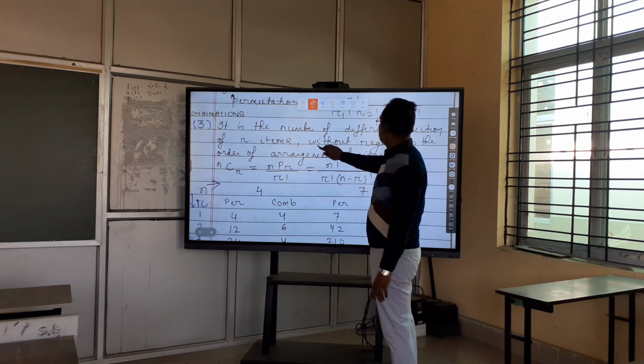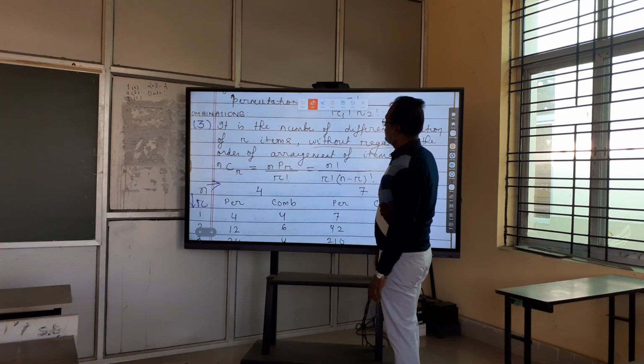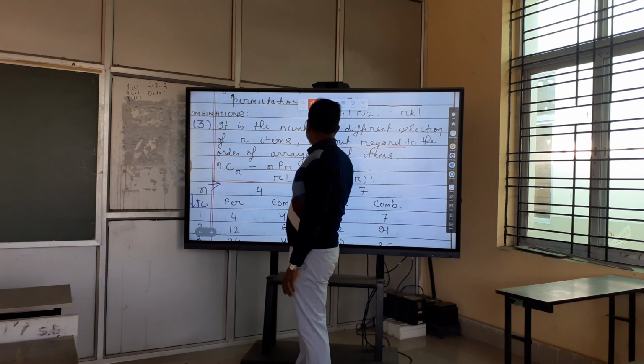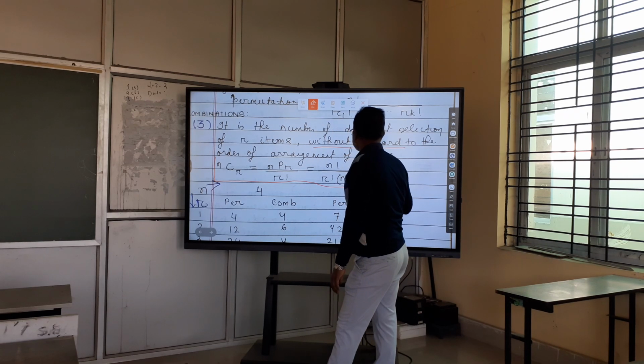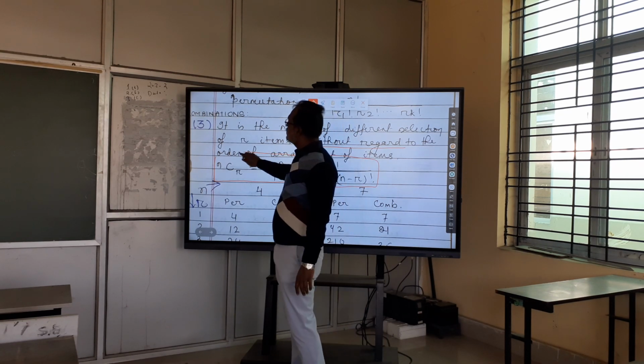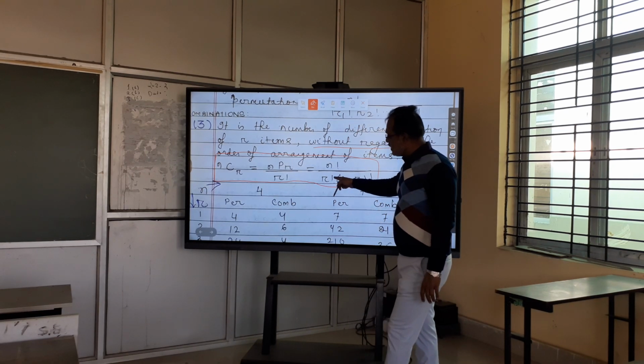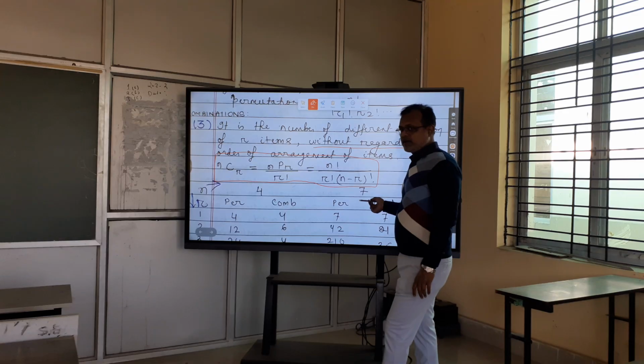Combination means without rearrangement. So combination is written as nCr, which is equal to nPr divided by r factorial, because we are leaving out the arrangement of the r items. So it is n factorial divided by r factorial times n minus r factorial.